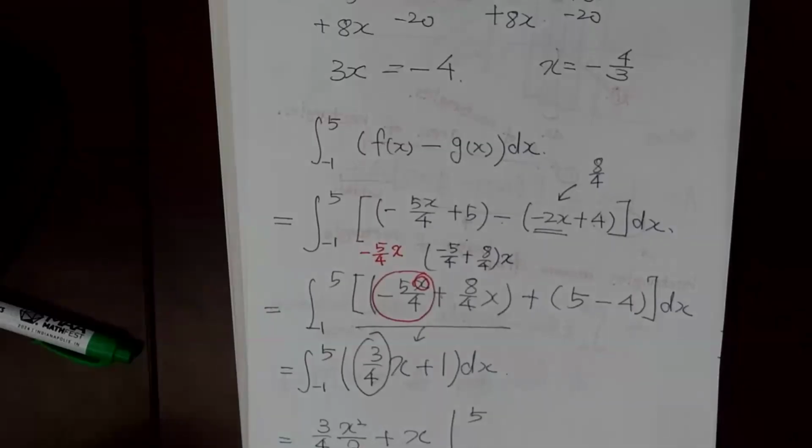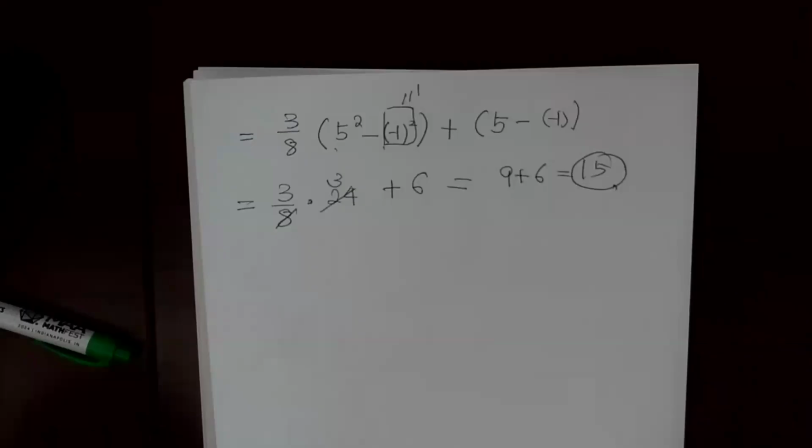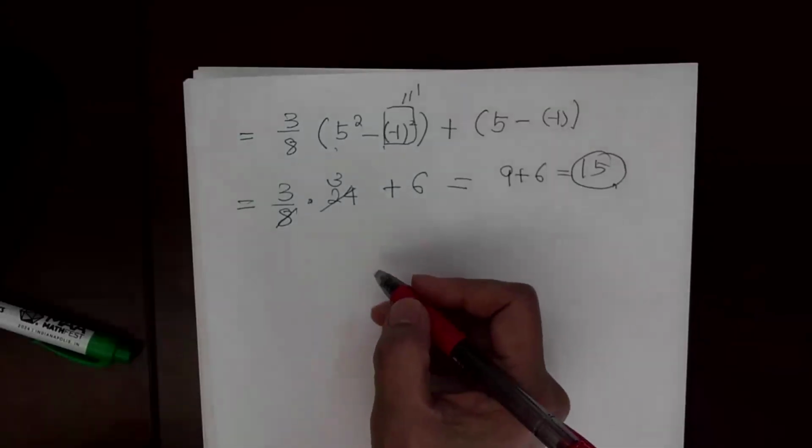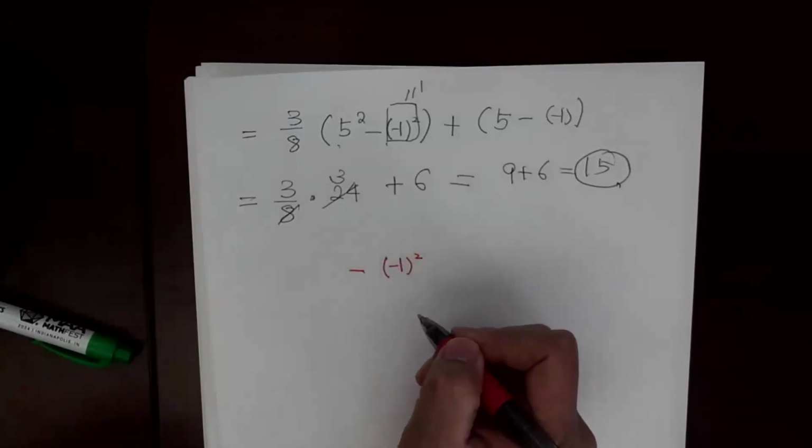Can I see the last page? Here. Is something unclear? I thought what may confuse some of you is that minus 1 squared looks like plus 1.